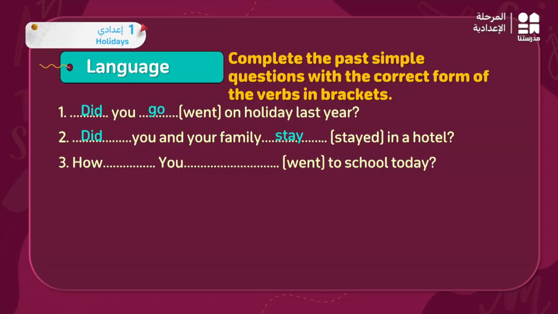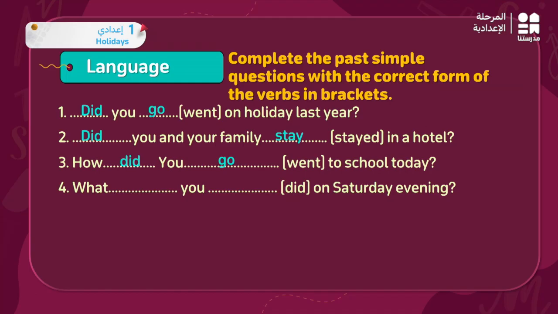How space you went to school. Of course, did you went will become go. How did you go to school today? What? Of course I have to add the auxiliary.